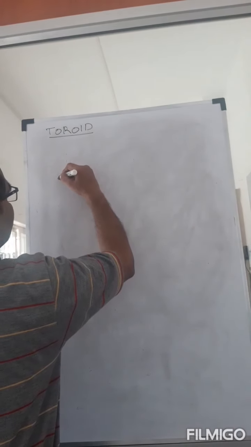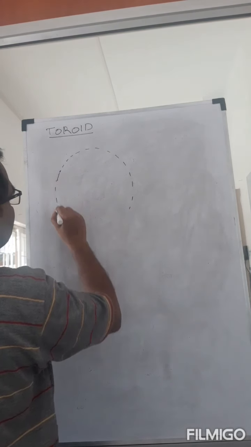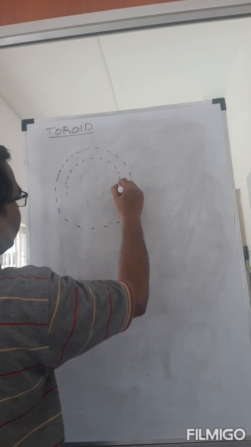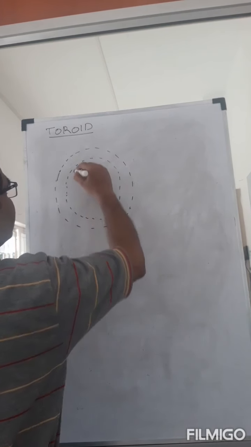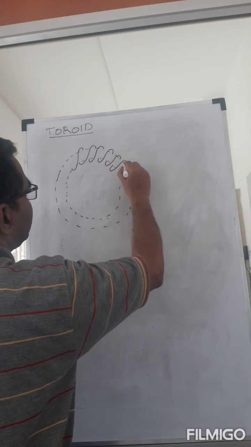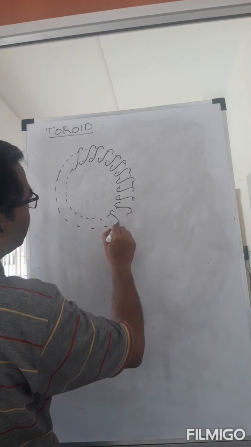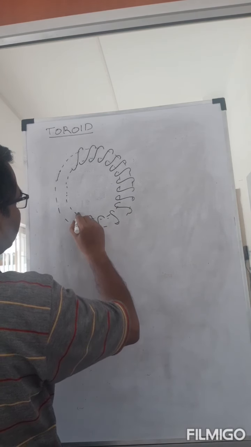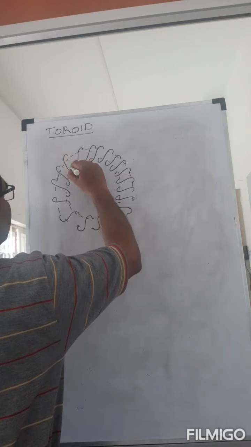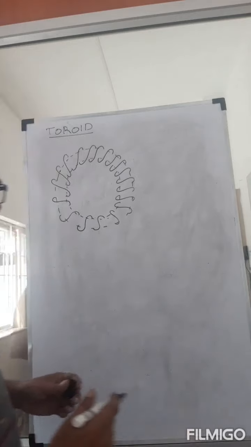So this would be the toroid. So this is a toroidal structure.